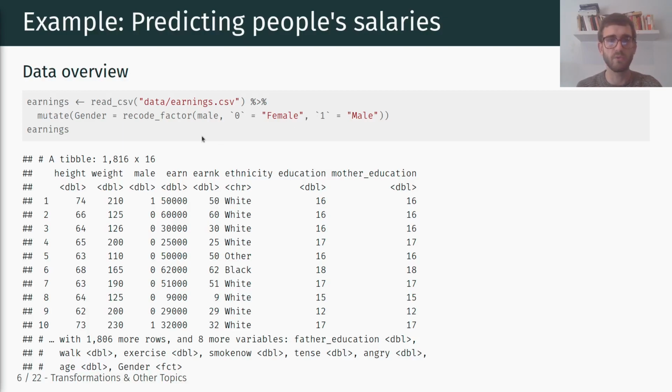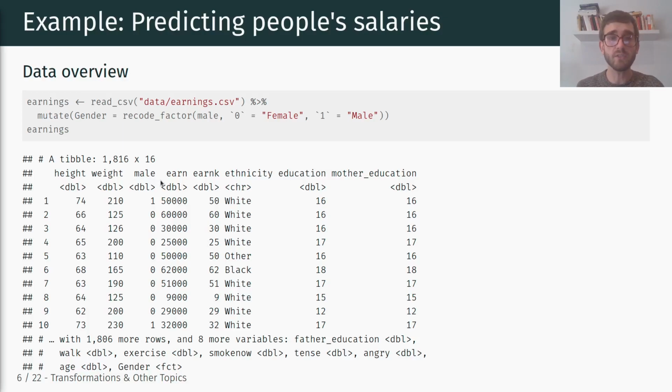So that's all we're doing in terms of recoding and cleaning these data. Then looking at the table itself, we have 1,816 observations. Again, this is survey data from 1990, and we have 16 different variables, although we're not going to look at all of those right now.